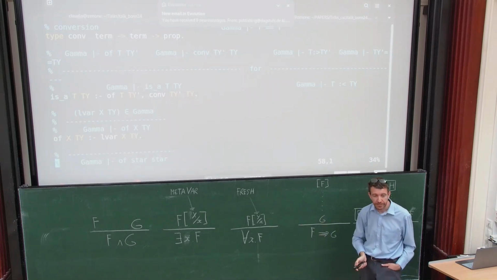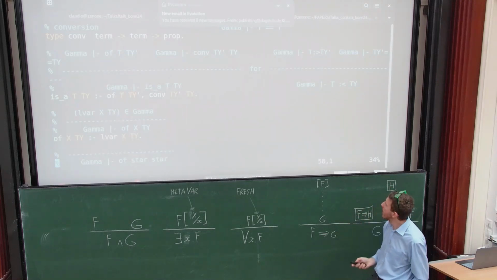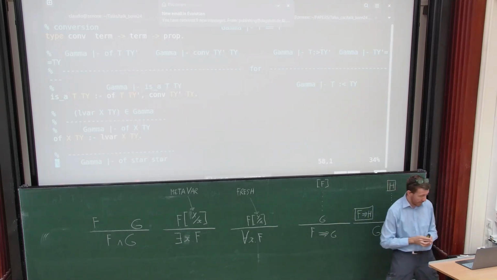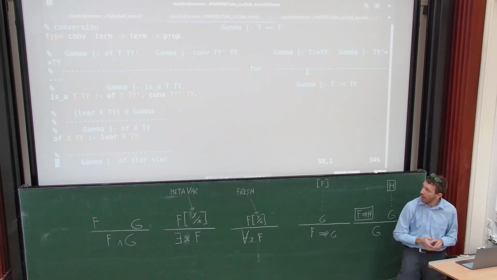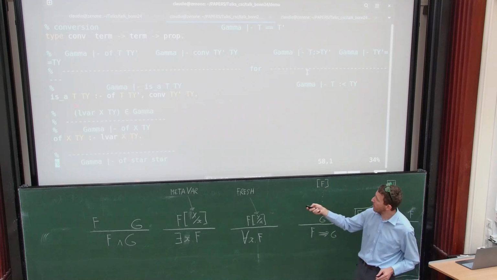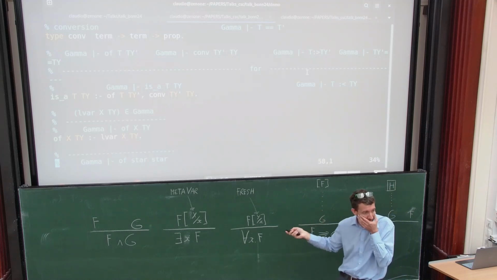Yes? Can you remind me, of is infer and isa is check? Exactly. And note that there is no gamma, and also note that some variables are all uppercase, which means that they are schematic variables, or universally quantified, if you want, in the rule.